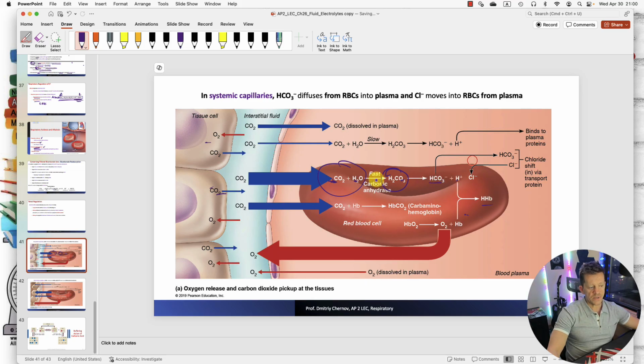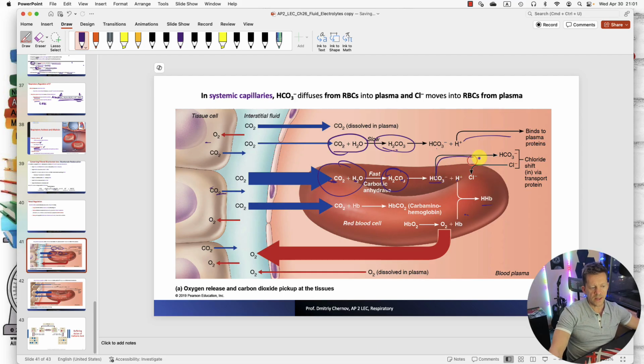The system is fast, but you can also remove carbon dioxide. Instead of being loaded on the red blood cell, you can just flow directly through the plasma. Through the plasma, the same thing happens. You're combining the same players, and you're getting that carbonic acid. And now you also have bicarbonate and hydrogen that can also be eliminated, bind with plasma protein, and be removed from the body.